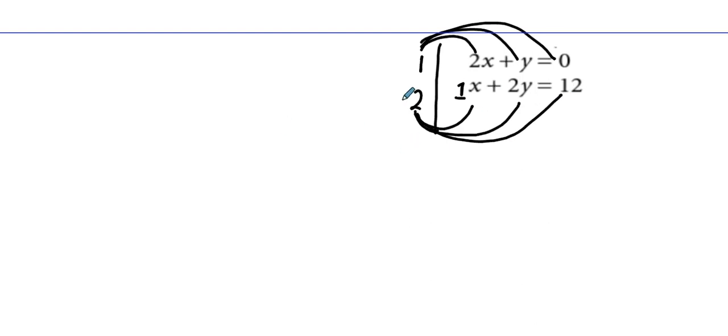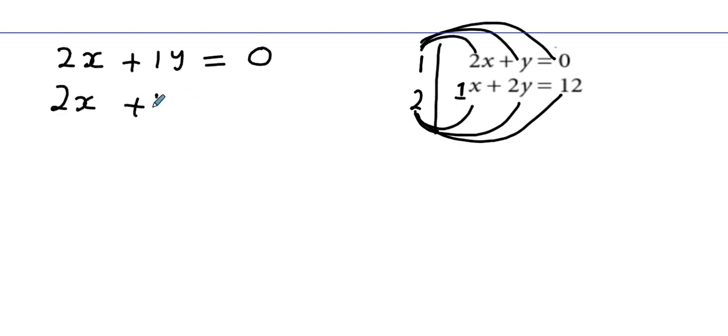So what will be the result? 1 times 2x is 2x, 1 times 1 is 1y, 1 times 0 is 0. 2 times 1x is 2x, 2 times 2y is 4y, equals 2 times 12, which is 24.